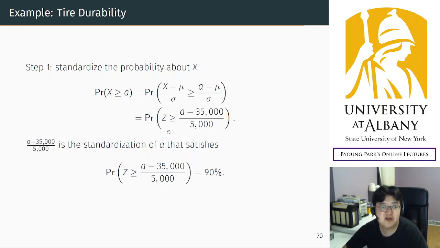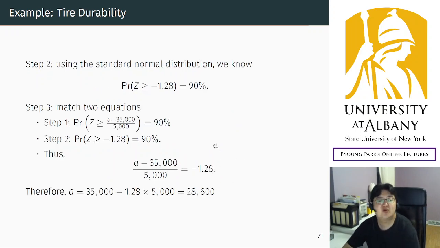But what we have here is, probability of this probability equals 90%. This is what we had from the question. And then we are going to find 90% from the normal distribution table or from a calculator or Excel.